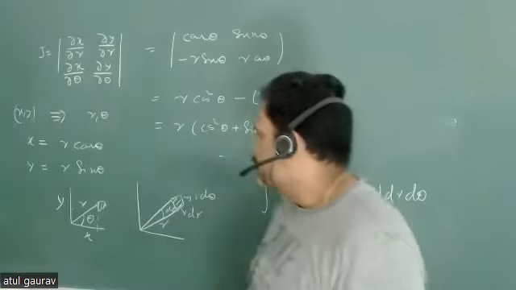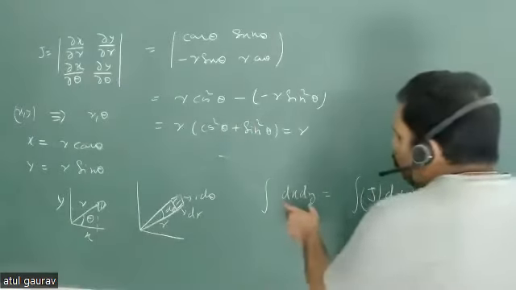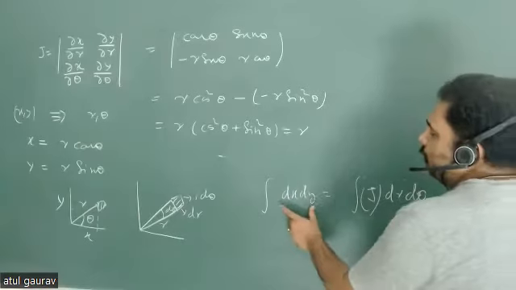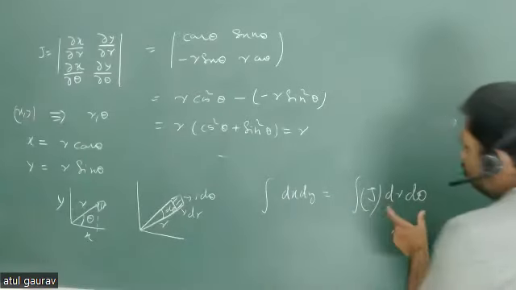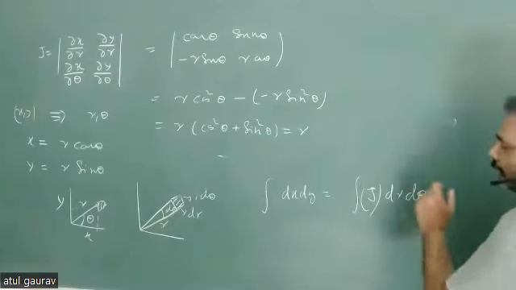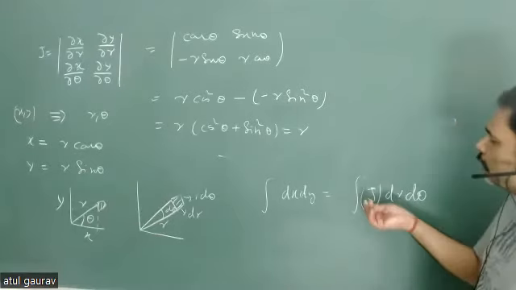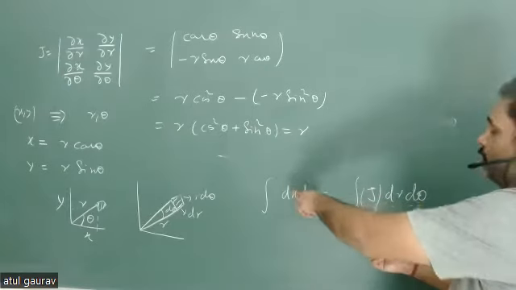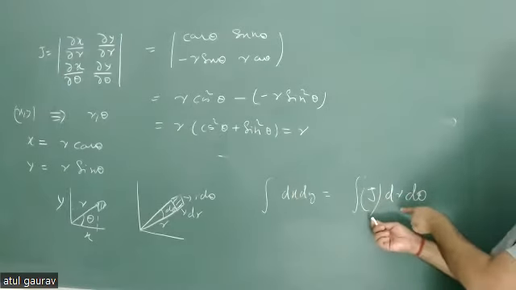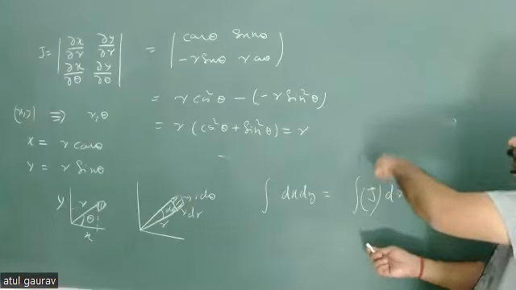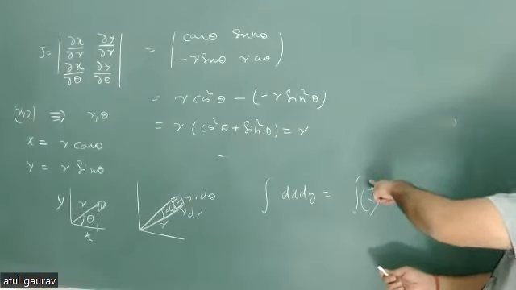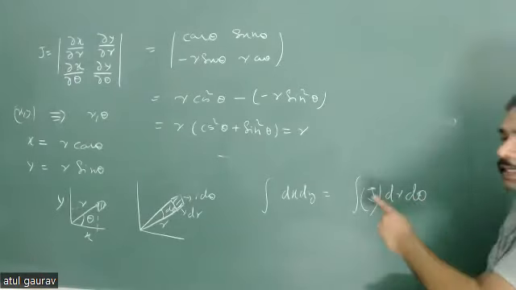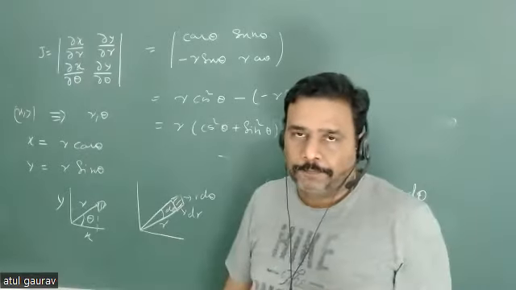What is the meaning of dimension? Before the transformation, if this has dimension of length square, after the transformation this dimension must be there. If we are not putting this Jacobian here, then obviously this has dimension of L square, but this is dimension of length. So we have to put something which gives the dimension of length such that the whole thing can be dimension of area.